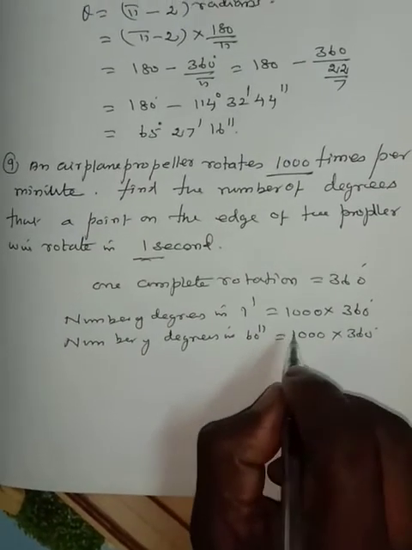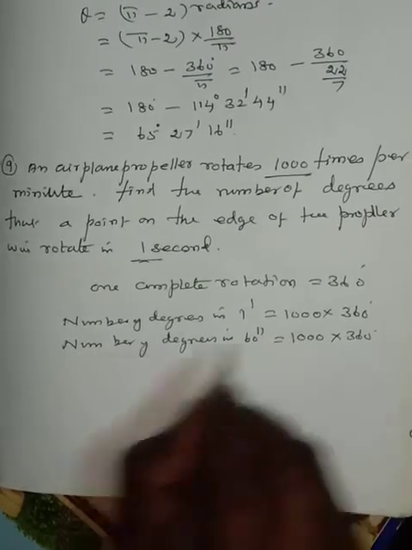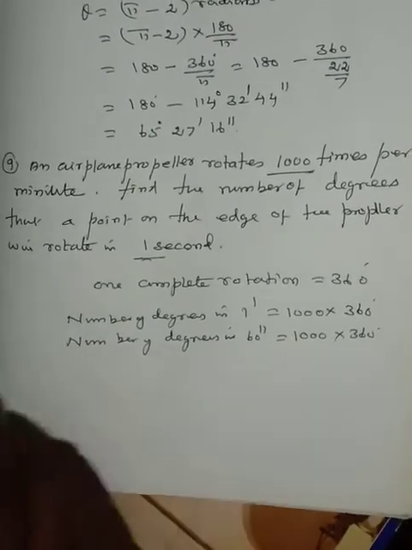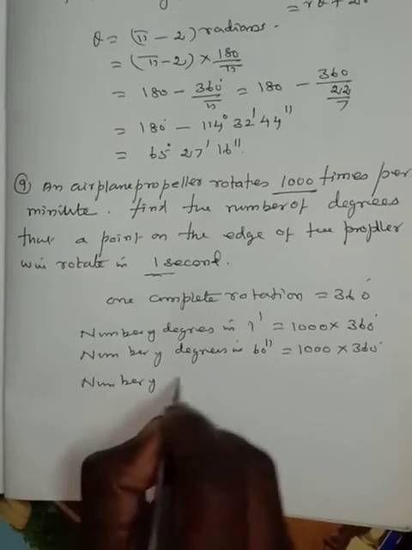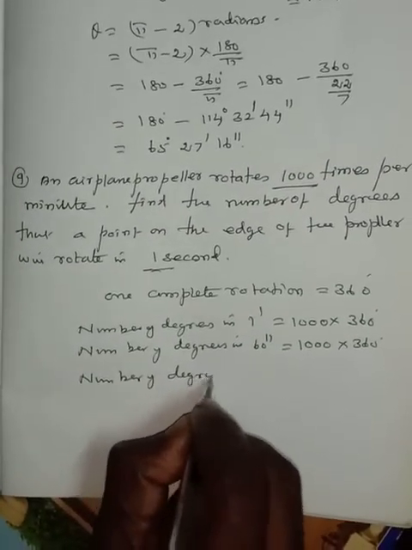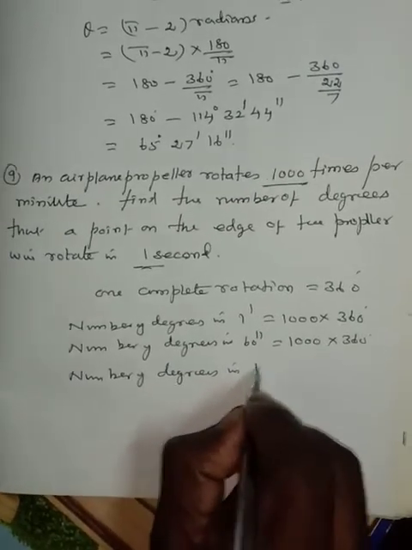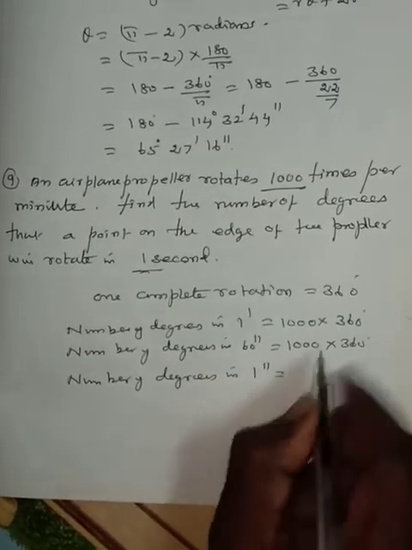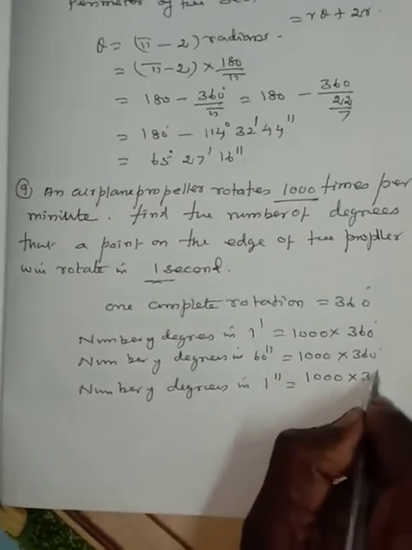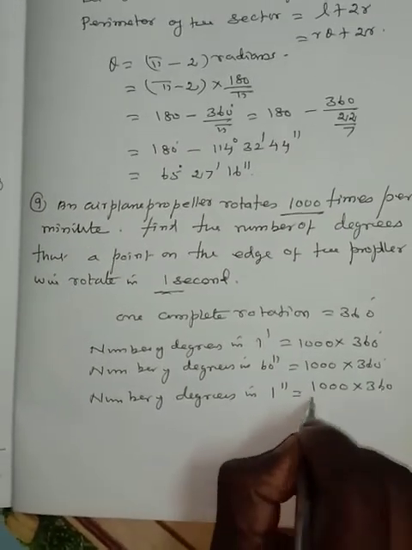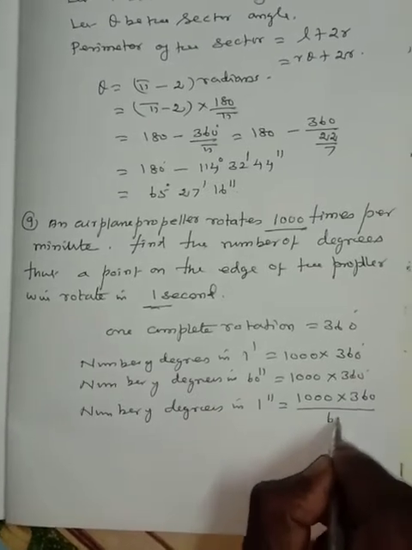Okay, number of degrees in 1 second is equal to 1000 into 360 divided by 60.